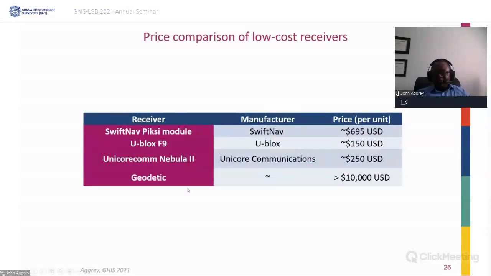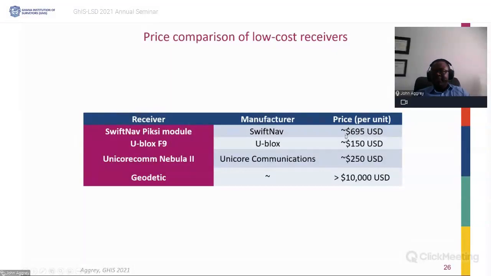I did another aspect of analysis whereby I took some receivers that are on the market right now. For this particular one, I took a SwiftNav receiver that costs about $695. This is not a geodetic grade receiver.